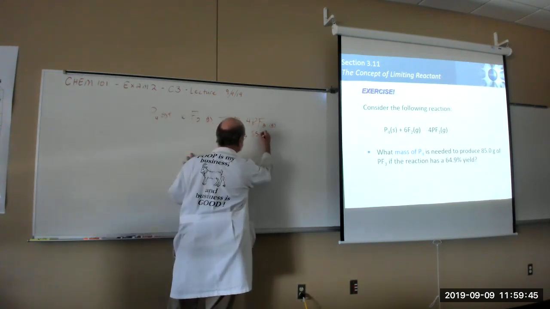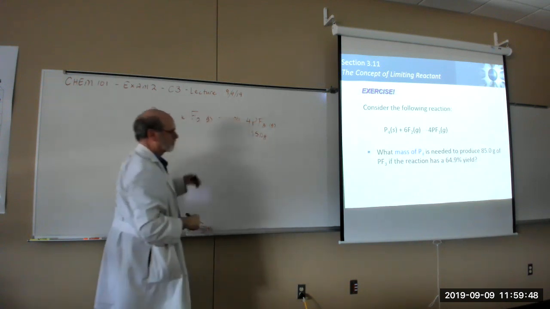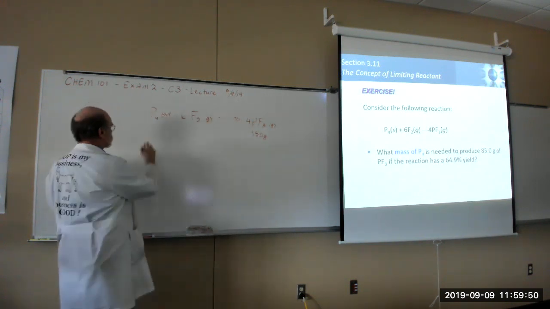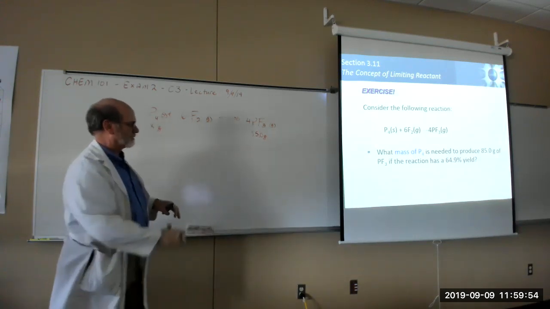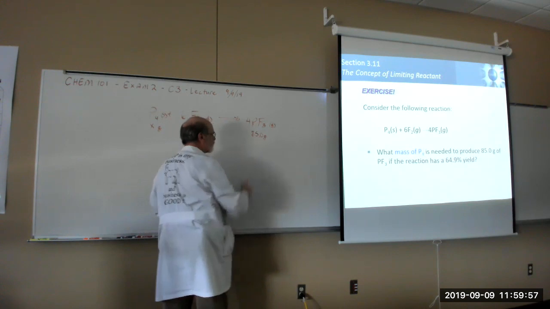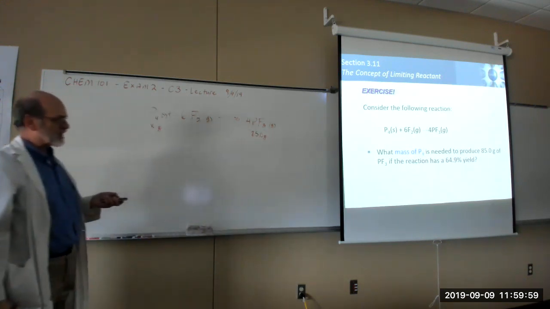So we know we want this much. And we're looking for what mass here to produce that much. Only the fly in the ointment is we've got a percent yield.